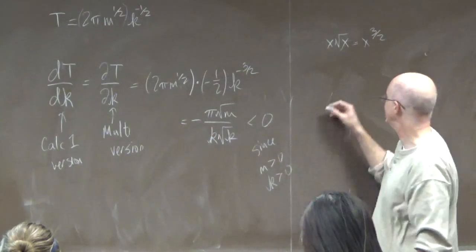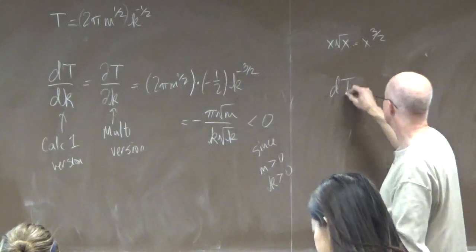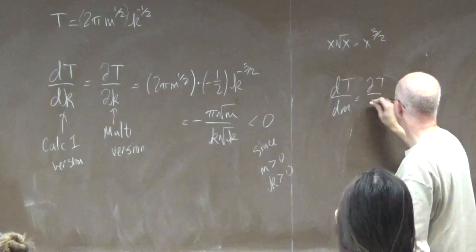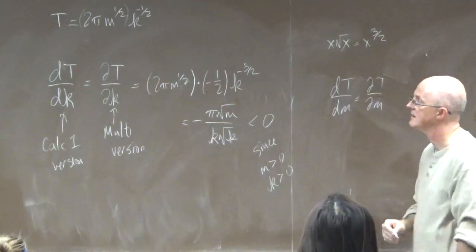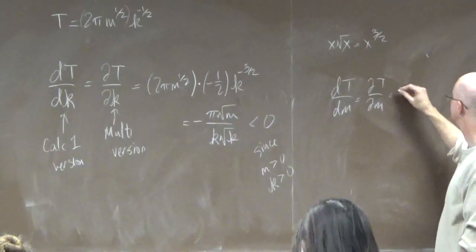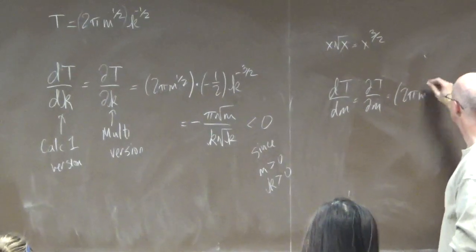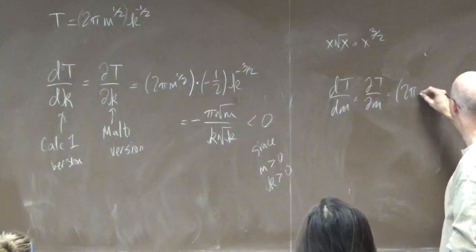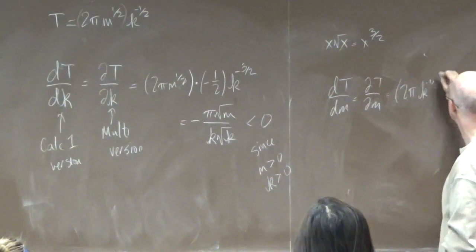You can also differentiate T with respect to M. And again, you can write it either way. Treat the K like a constant, right? The constant here, 2 pi, K to the negative 1/2.